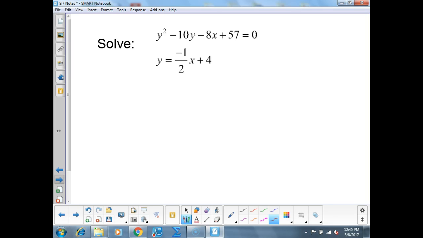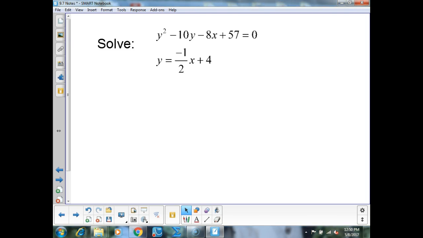Go for it. So, just as a quick poll, how many people left it as is and substituted for y into the top equation? Was that the wrong idea? No, it's doable, okay? But what did you guys find? It's difficult. Why? Because it's a fraction. So we should have multiplied everything by 2.